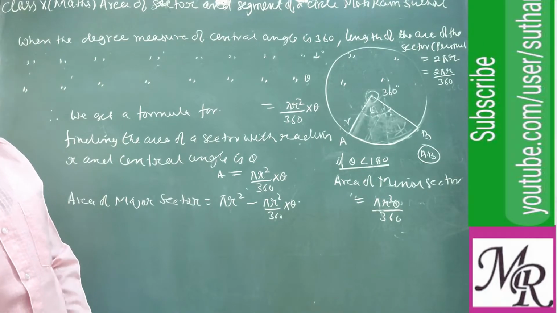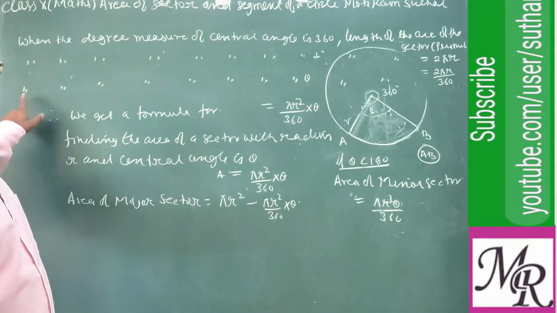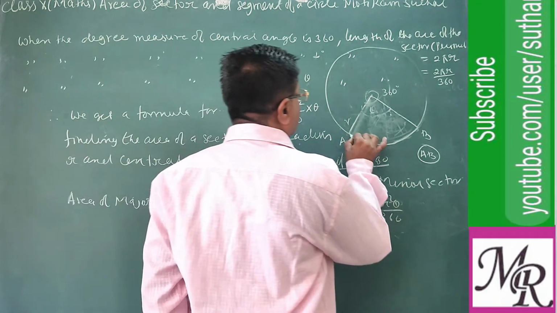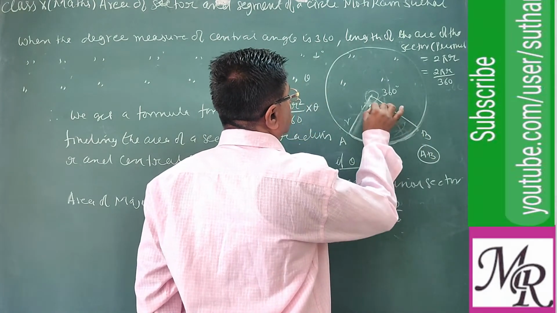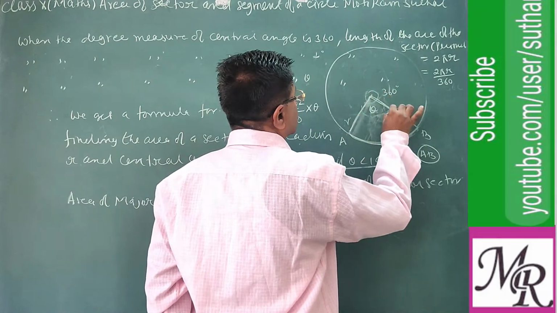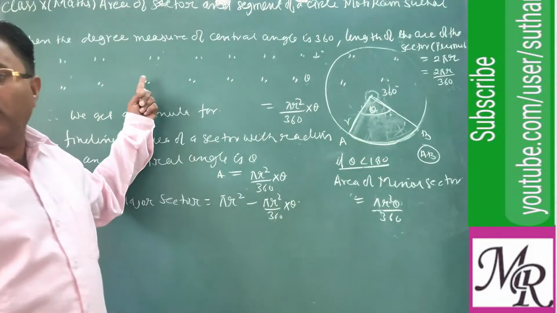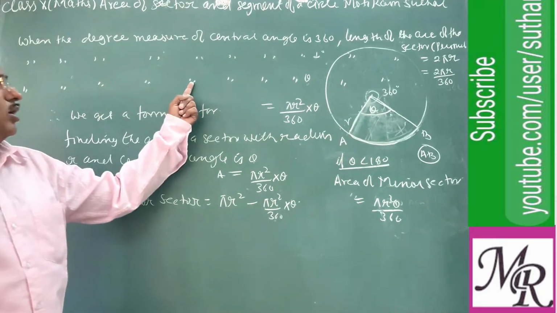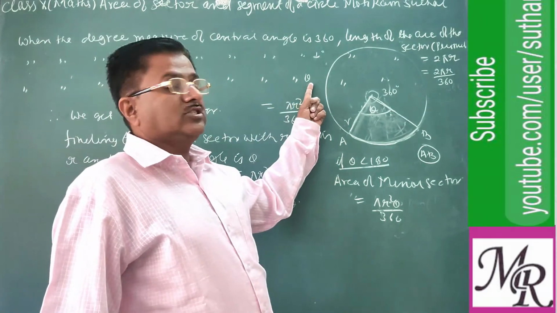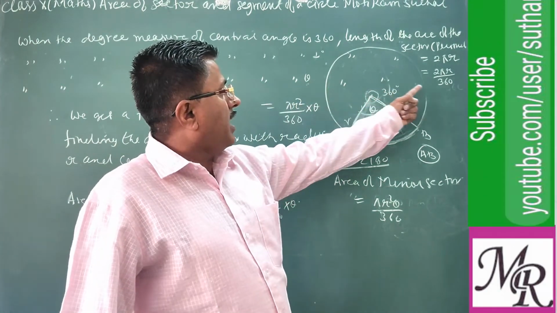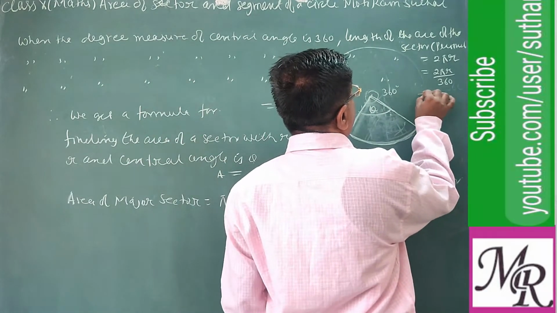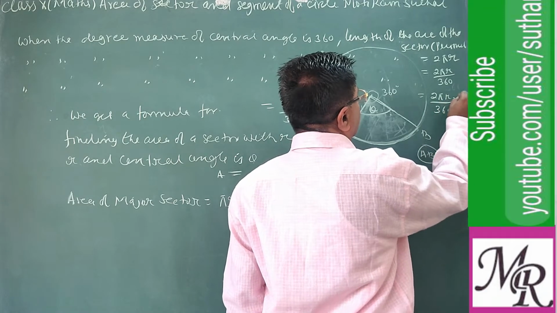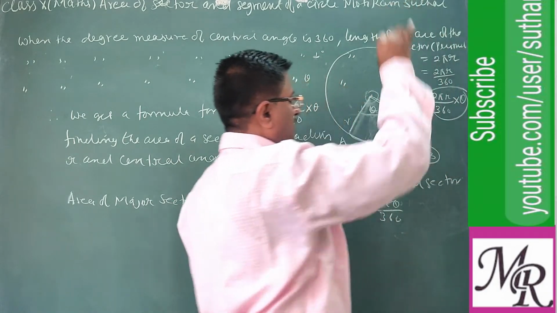Now if we want to find the arc when theta is the central angle, so third point we write: when the degree measure of central angle is theta, then the length of arc of the sector will be, by unitary method, multiplied by theta.